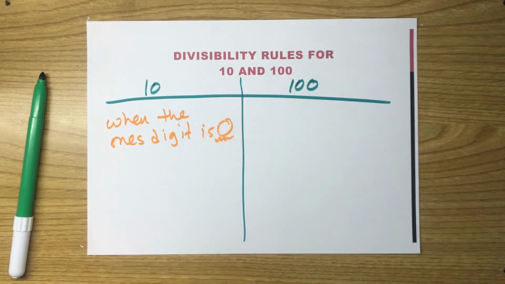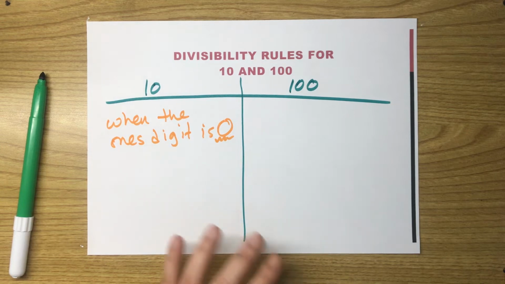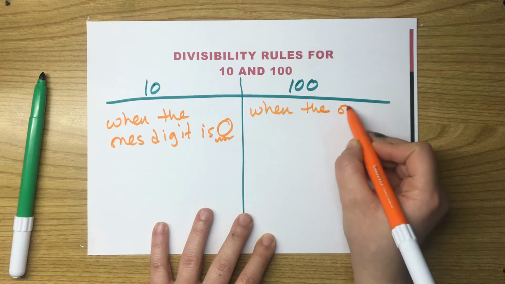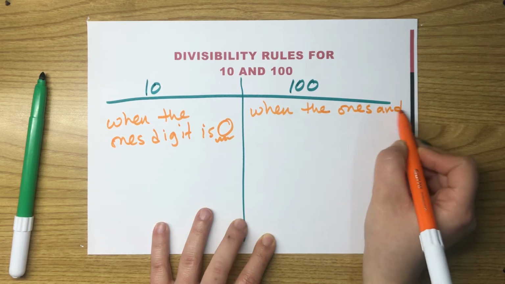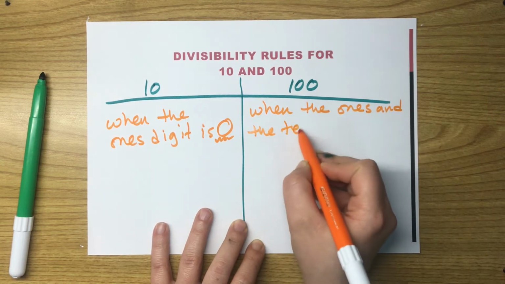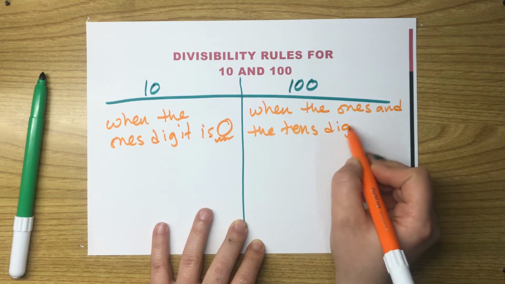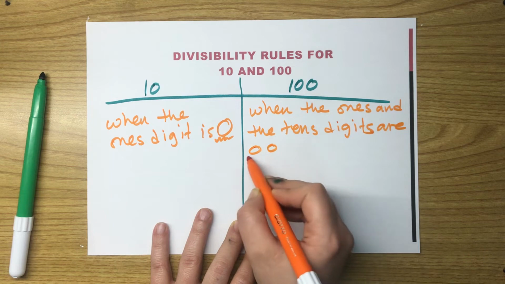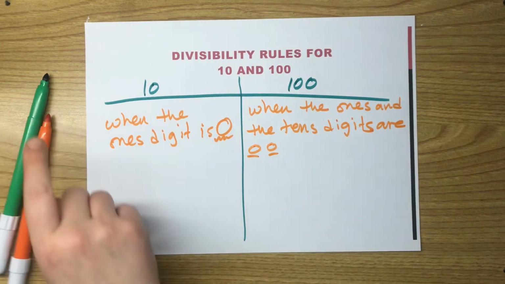What about 100? When the ones and the tens digits are both 0, 0.